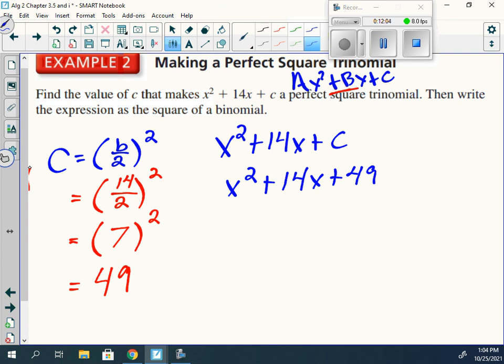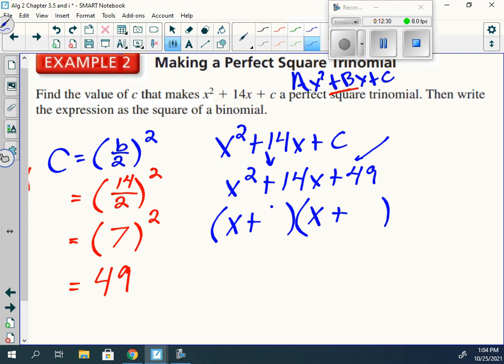Now the only thing we need to do is to factor this. Well, we know we'll have x and x. Since the constant term is positive and the middle term is positive, the signs are the same, and they match the sign of the middle term, which would also be positive. Now we just need to figure out what factors of 49 we would want to use.